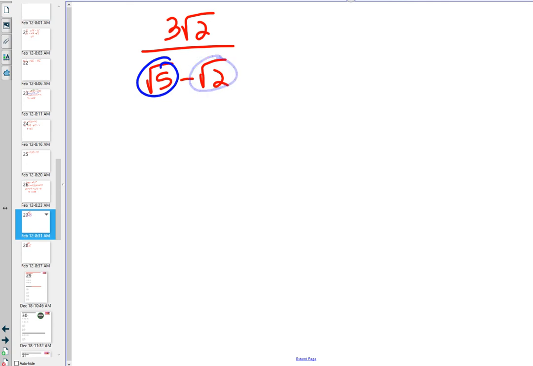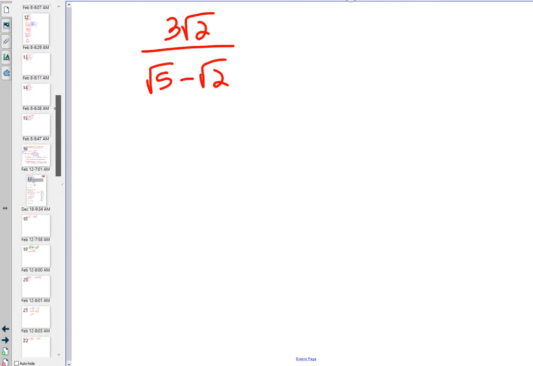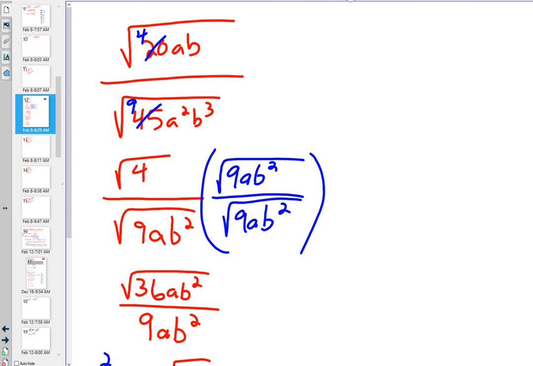Traditionally, yes, I would say these are probably missed the most. Students tend to get these more incorrect than they do these, like we did before, where there's only one term in the denominator.